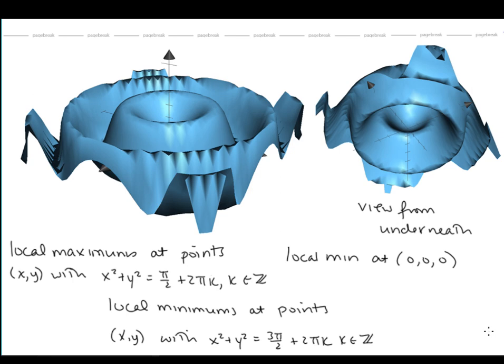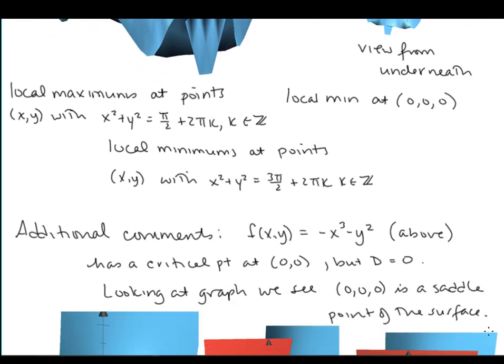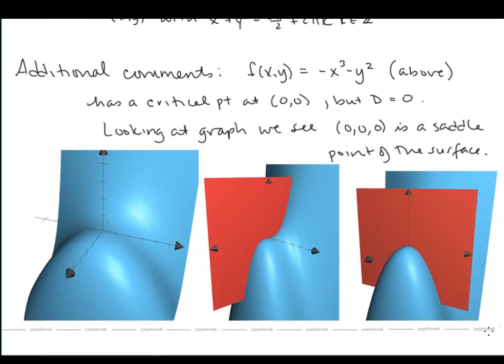And that's the last example we'll go through, but I do want to just comment on one of the surfaces we saw above. For f of x, y equal to negative x to the third minus y squared, that was one of the examples of a saddle point that we looked at. It has a critical point at 0, 0, but you're going to find that D is equal to 0. So the second derivative test would be inconclusive for this function.